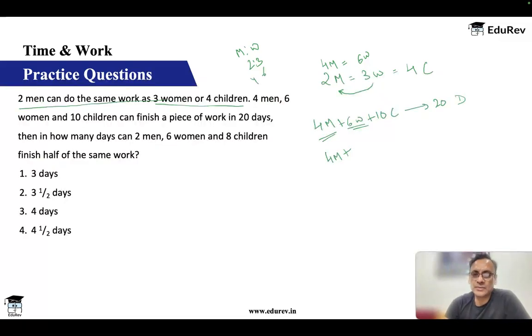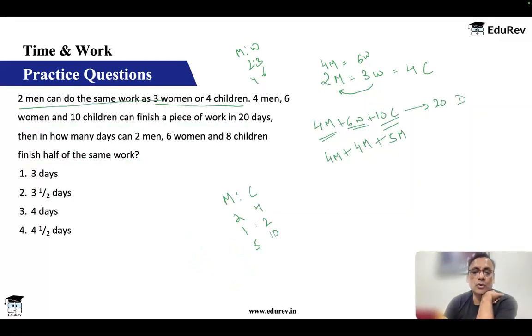So 6 women can be taken as 4 men. And 10 children: men and children, the relation is 2:4, or 1:2. So if children are 10, men will be 5. So 10 children is the same as 5 men.